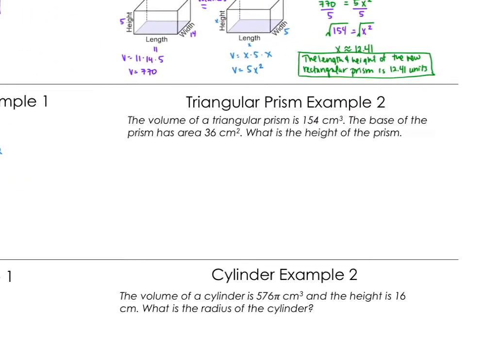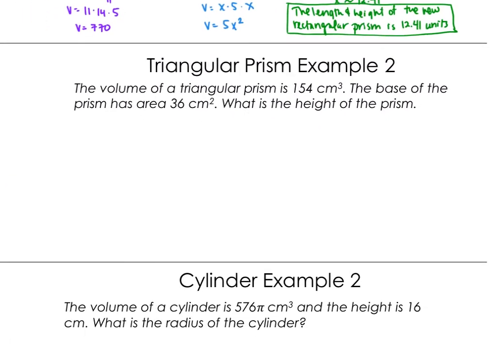All right, let's look at example 2. So example 2 says the volume of a triangular prism is 154 centimeters cubed. The base of the prism has an area of 36 centimeters squared. What is the height of the prism? So this is a working backwards problem. The reason I know this is a working backwards problem is because they start by giving us the volume of the shape.